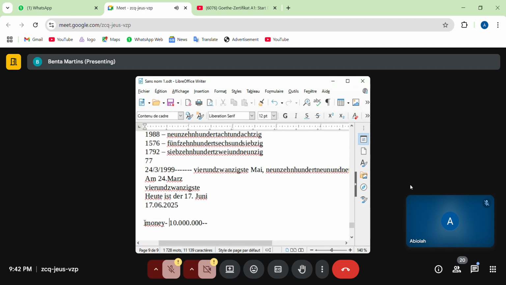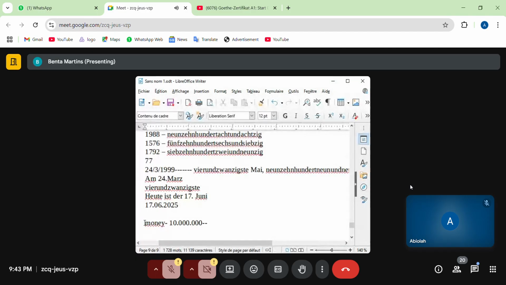Sorry, I was a little late. So why do we use the STE from 20th to 100th? I think the date finishes at 31st or 30th. Why do we proceed from 31st to 100th and 1,000th adding the STE?